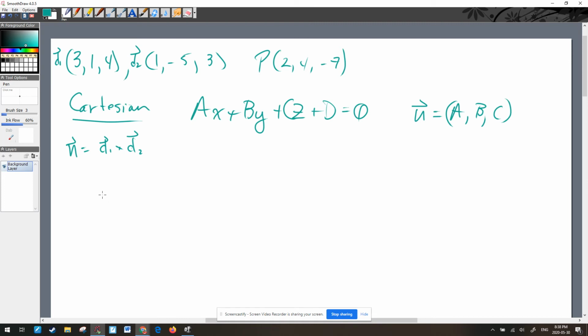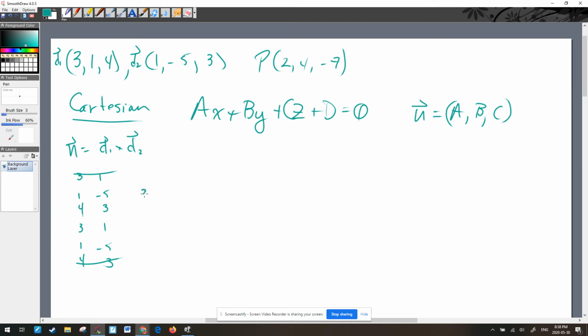So I'm going to cross vector d1 with vector d2, and the result is going to be my normal vector. So 3, 1, 4 and 1, negative 5, 3. You cover the column you don't use, and then we do downy minus uppy.